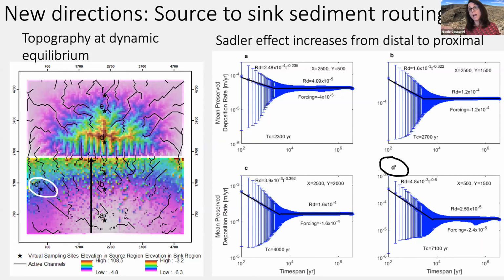In fact, if you average over a long enough time span, your deposition rate is going to exactly match your forcing rate or your subsidence rate, okay? And this is actually something that's used in the stratigraphy community to figure out timescales of where autogenics versus allogenics are dominating the system. So we have the ability to do that in Landlab now.